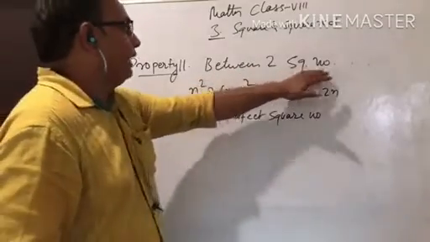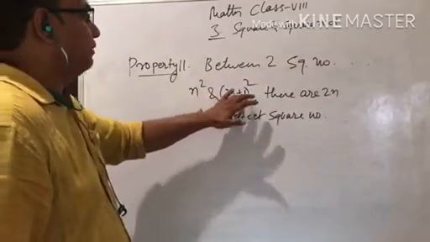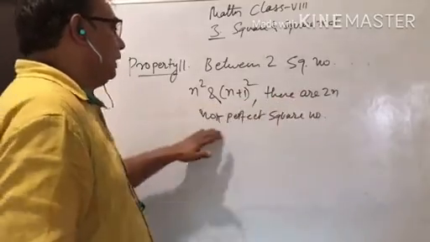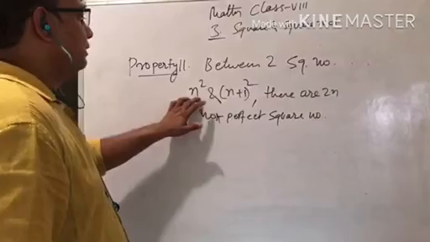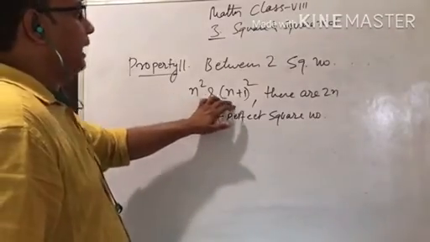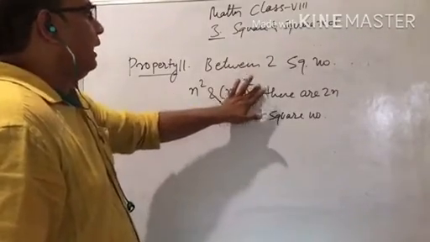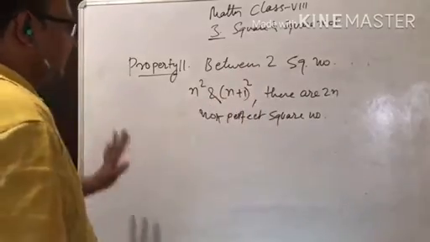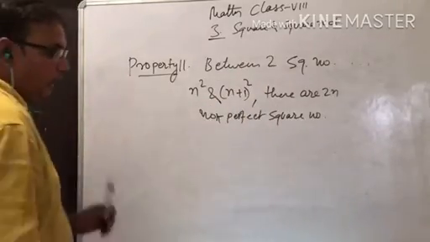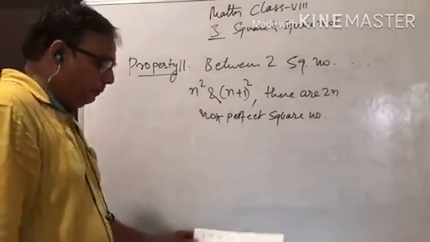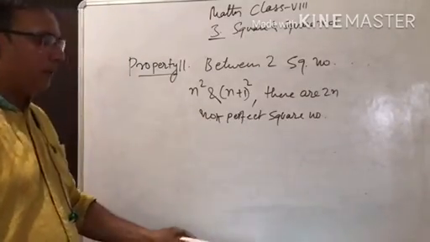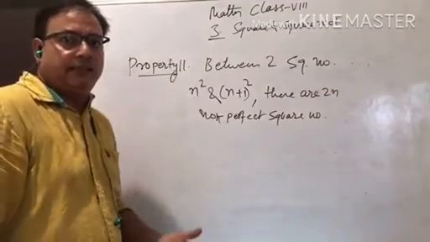Between two square numbers n square and n plus 1 square, there are 2n non-perfect square numbers. This is the last, 11th property. Now you can start the exercise 3b, and more about 3b we can discuss within a class.